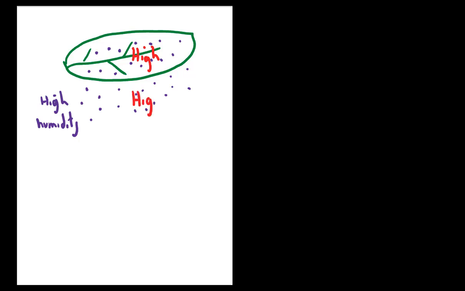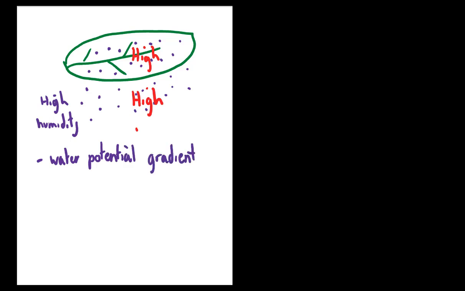Now, the next external factor is humidity. So humidity is basically how much water vapour is in the air already. This diagram shows a leaf in an area of high humidity, so there's a lot of water vapour around it. This means that there's a high water potential both inside the leaf and outside it.